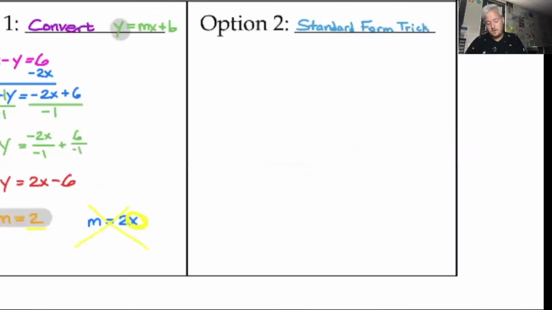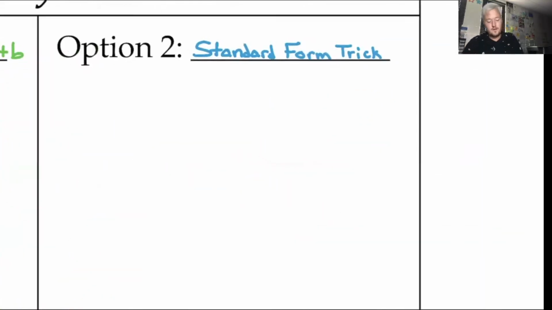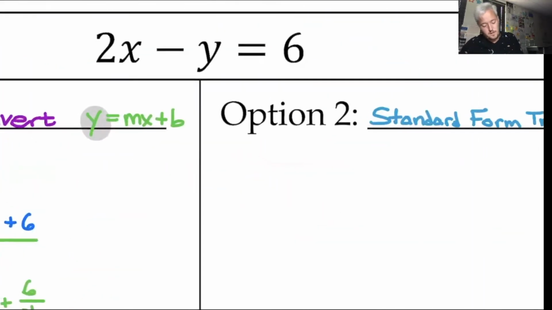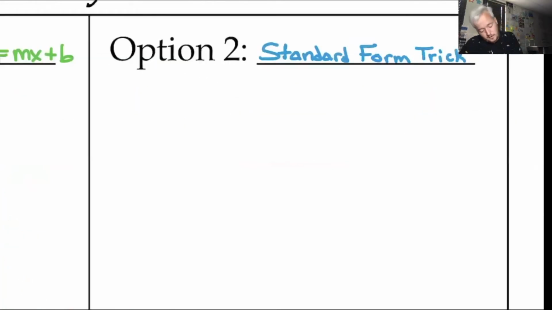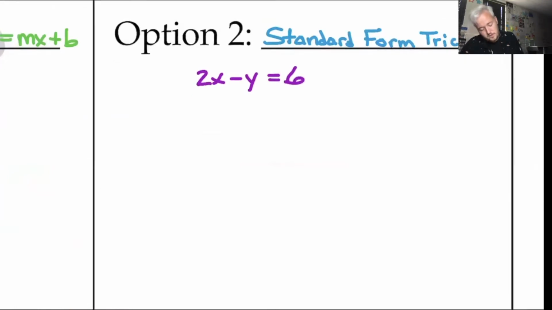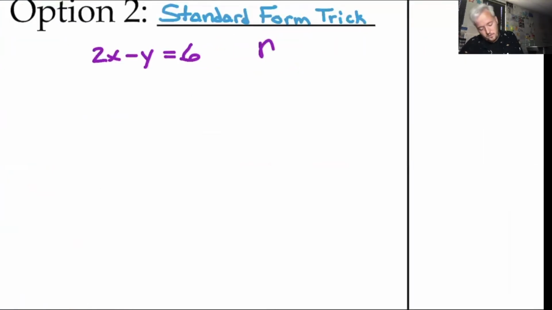Up here, to do the trick, first you have to see if your equation's in standard form. If not, it won't work. In this case, we have 2x minus y equals 6. In the form ax plus by equals c, we're looking at the number in front of the x for your a, the number in front of the y for your b, and then the c value on the far right side.